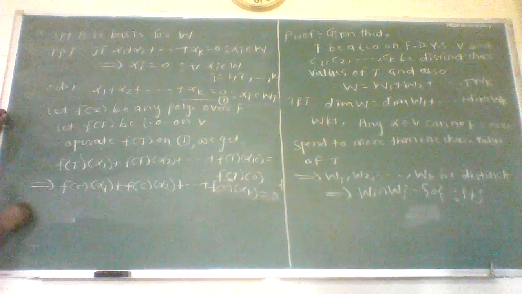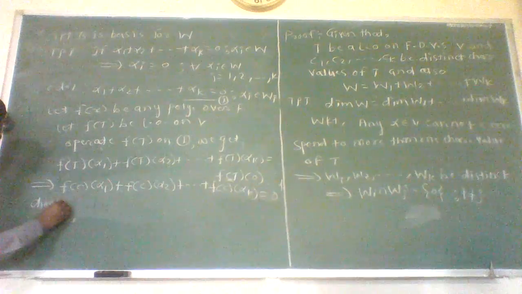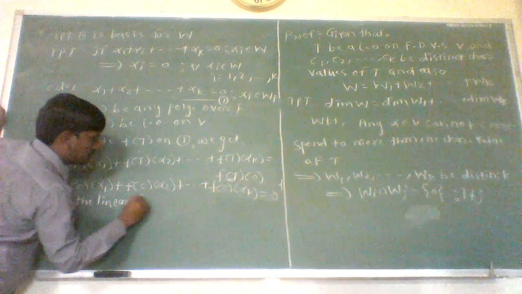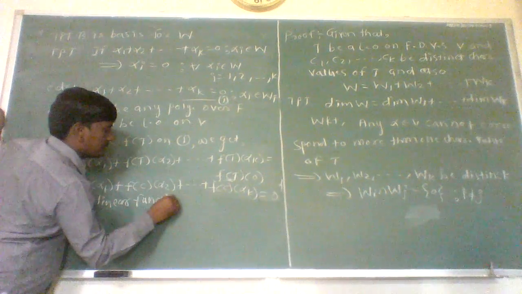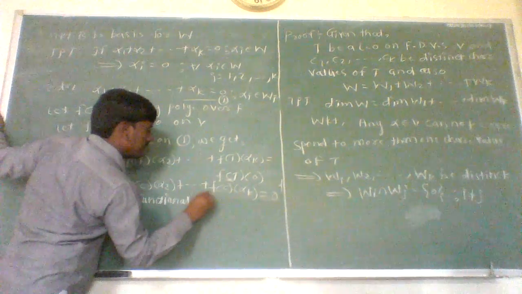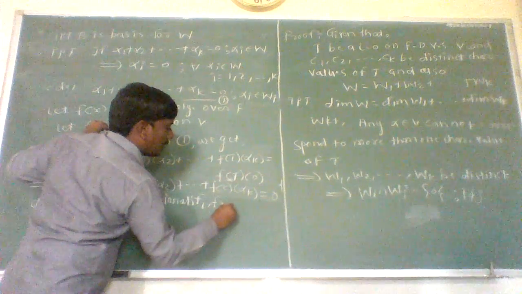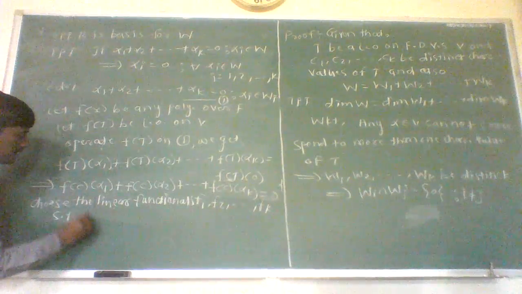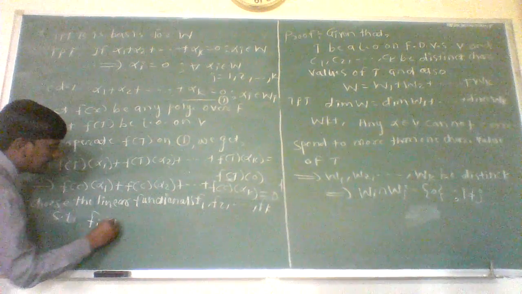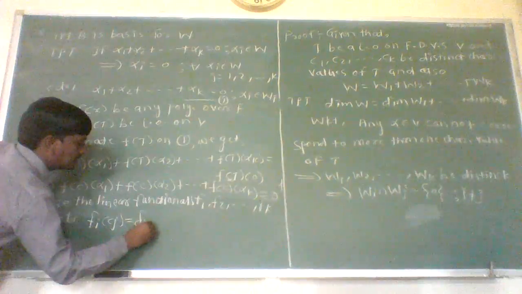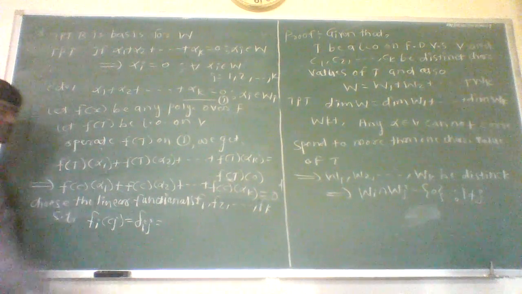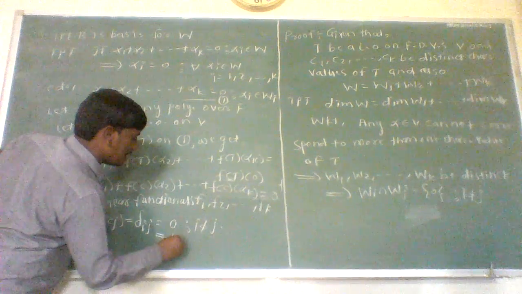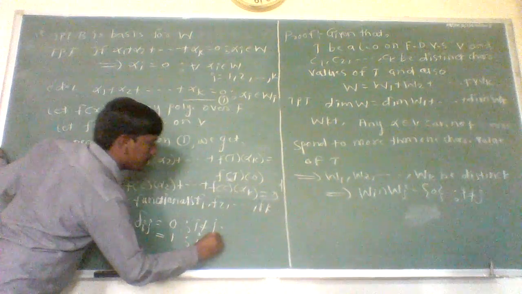Okay, now we have to choose the linear functionals f1, f2, up to fk such that fi of cj is equal to delta ij, that is, by the Kronecker delta notation, which is equal to 0 whenever i is not equal to j and equal to 1 whenever i equals j.